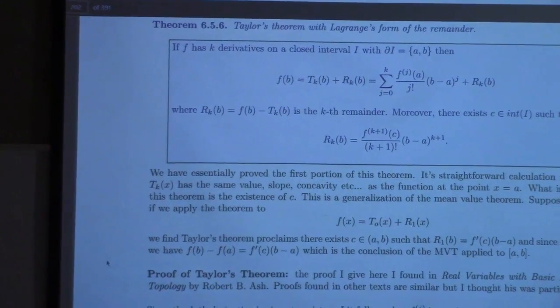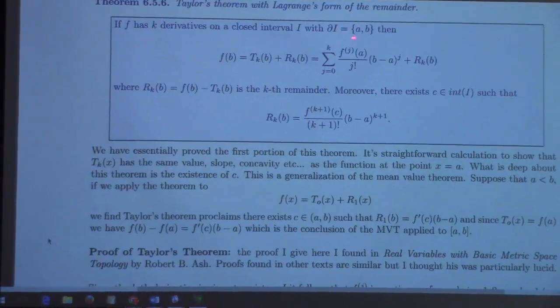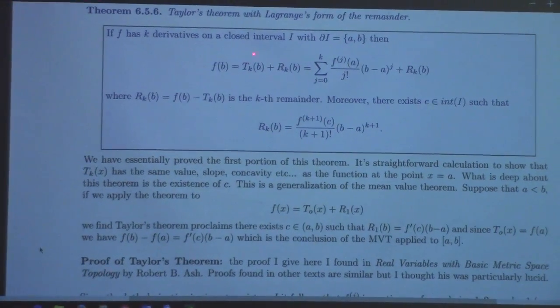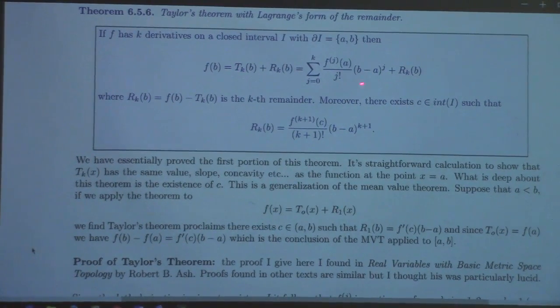If you've got a function that has k derivatives on a closed interval I that has endpoints a and b, then the kth Taylor polynomial, which is this, plus the remainder term, the kth remainder term of b, is equal to f of b. So this is just a definition. This is the kth Taylor polynomial evaluated at b, and putting this here basically says that's whatever's left, right? So it's the remainder term. It's whatever is not covered by the kth order Taylor polynomial.